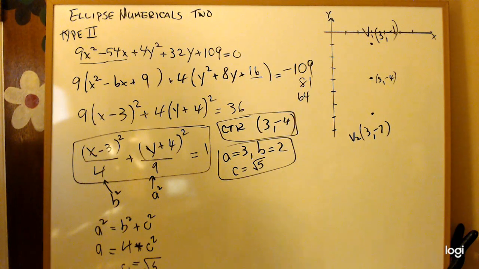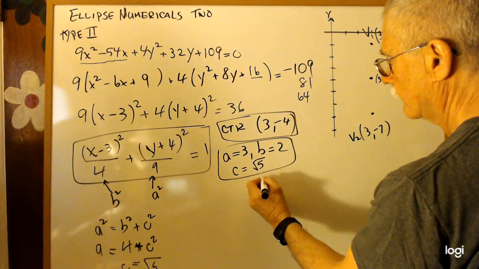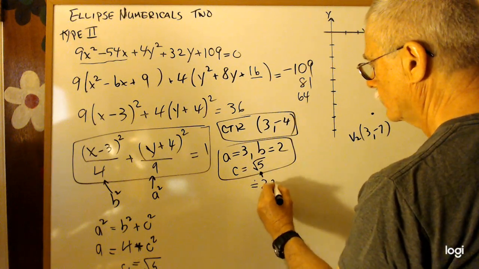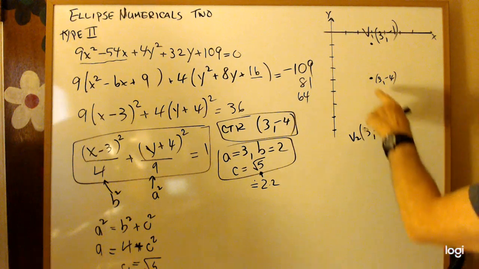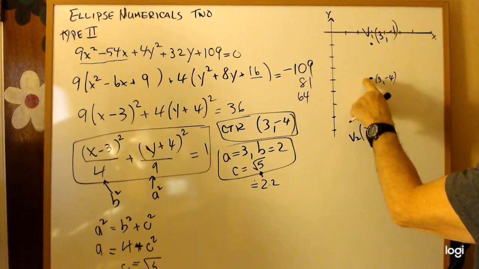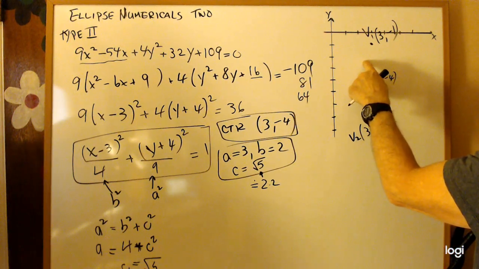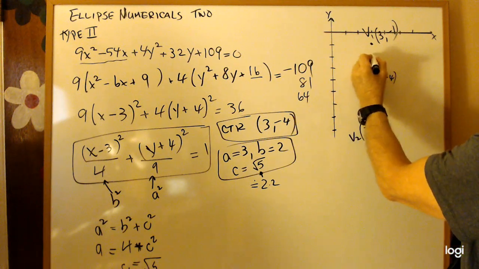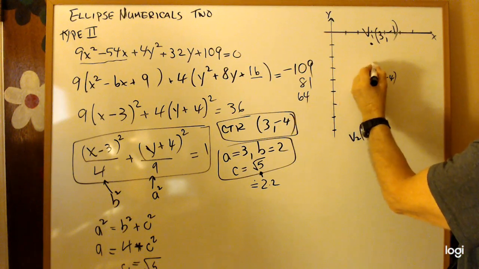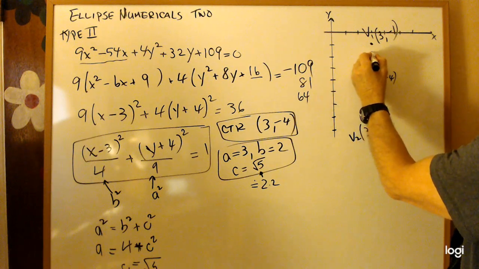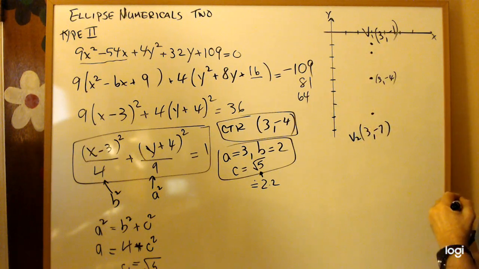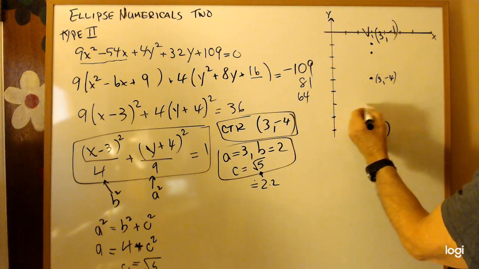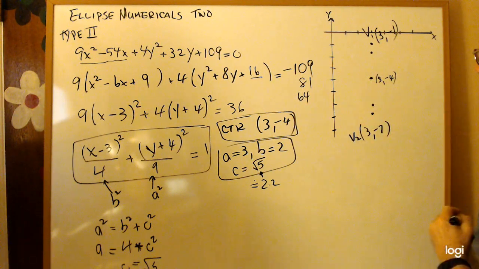Next thing are the foci. Well, again, we've learned that radical 5 is approximately 2.236. So if I'm going to start here, I'm going to count up about 2.23, and that's going to put me about, well, let's see, this is up 1 unit, this is up 2, so maybe about there. So that will be a focus, and down radical 5, 2.2, put the other one about there.